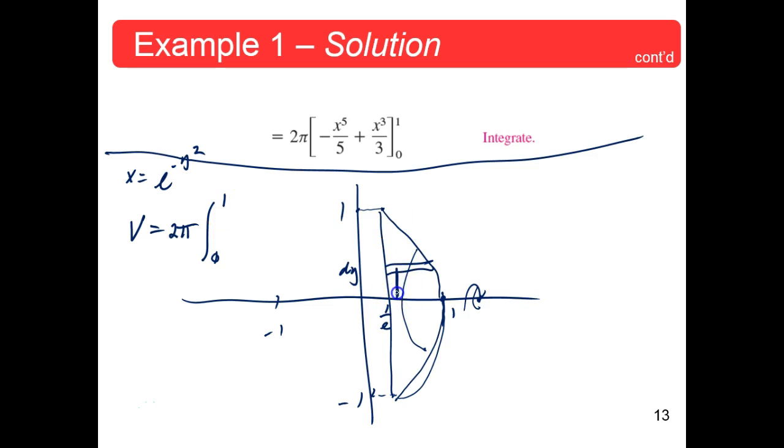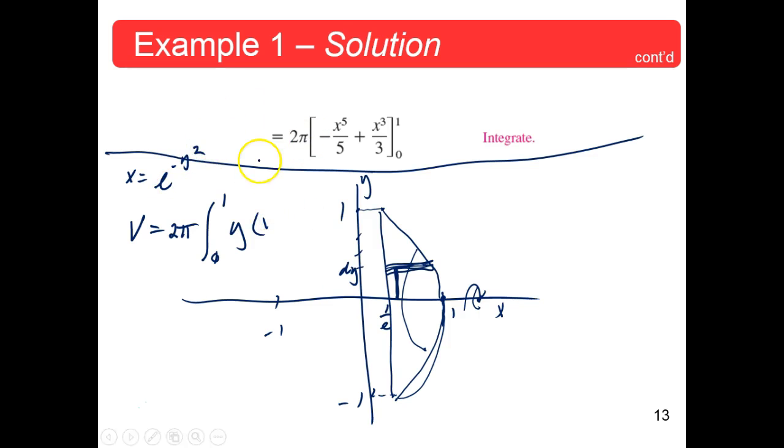Guess what that is? Not 1. This is your y-axis. This is your x-axis. Your radius is y. Why not? Now, what's the length of this? x minus 1 over e. That's the length of it.